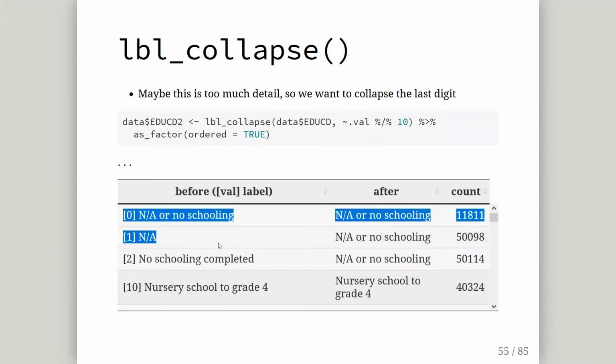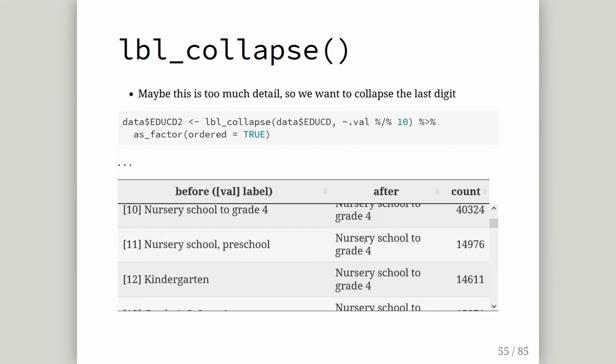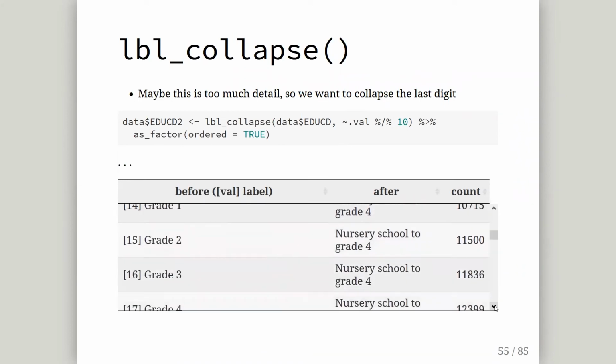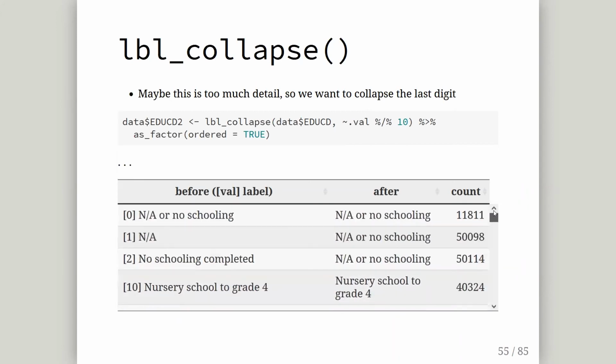So if all of these 3 get collapsed into 1, they'll all come out with the label from the smallest value, which is NA or no schooling. So that's why we see here 0, 1, and 2 come out as NA or no schooling. And then values like 11 through 17 all come out as nursery school to grade 4, etc. And like I said, I wouldn't be discouraged if it isn't immediately clear what's going on here, but I think they show how you can do something pretty complex with a concise syntax.